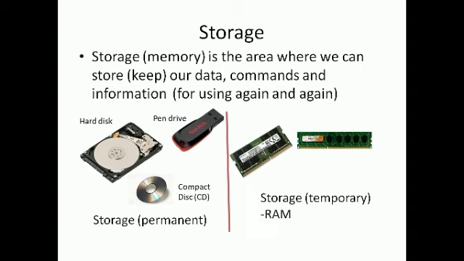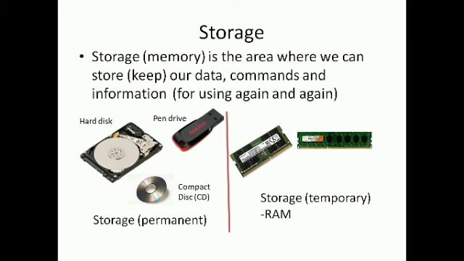The two types of storage are permanent storage and temporary storage. Permanent storage is a device where you can keep data and information permanently. That means even if you switch off the power, data will not be lost. On the other side, temporary storage stores data, information and instructions temporarily.